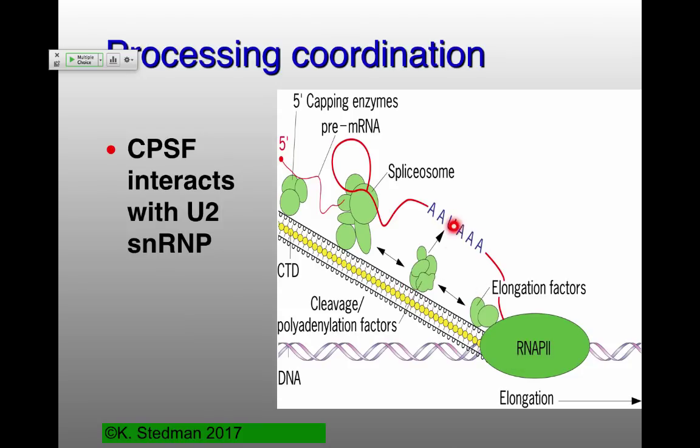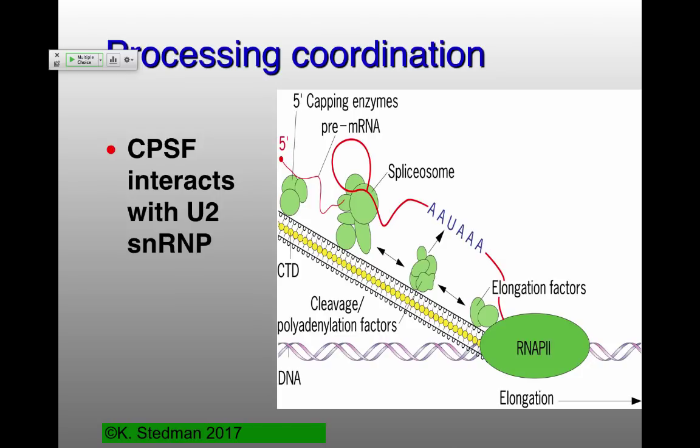So all of these are right here, and even that exonuclease, which chews in at the end of the 5' end, which was made available by the cleavage that takes place, that's also associated with the tail. So some people like to talk about the CTD as the tool belt of the RNA polymerase or mRNA factory. It's got all these extra enzymes that are important for modifying the RNA as it's being made.